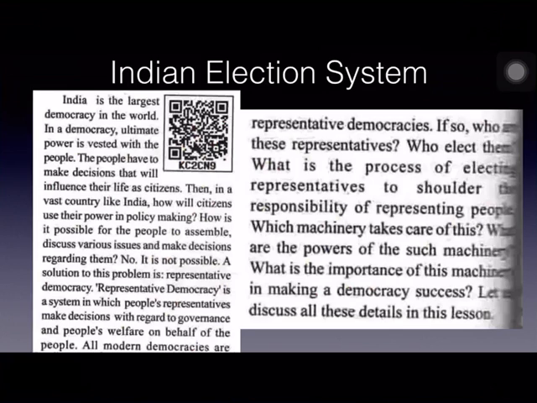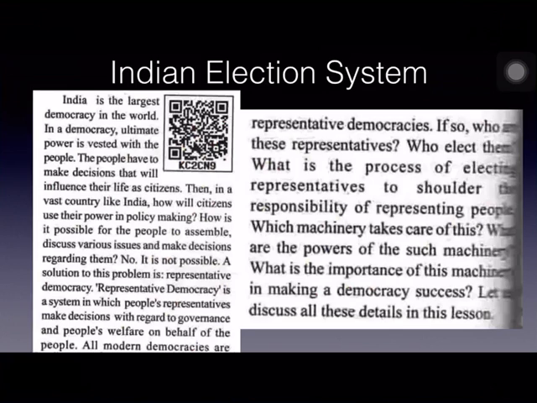And this direct democracy is possible only in countries where the population is very less. And in ancient times, many countries like Greece had direct democracy, because at that time the population was very less, it was possible for them. But now, because of the huge populations, all modern democracies are indirect democracies or representative democracies. Indirect democracies are also called representative democracies.